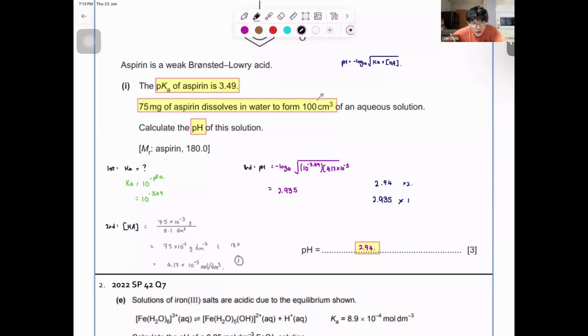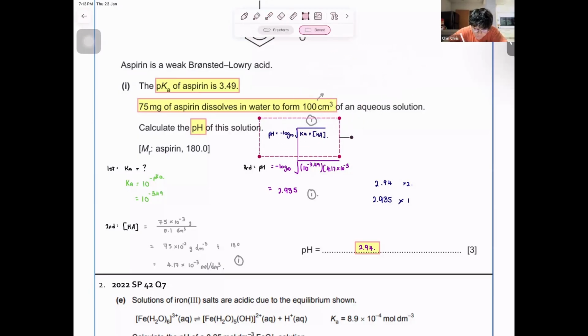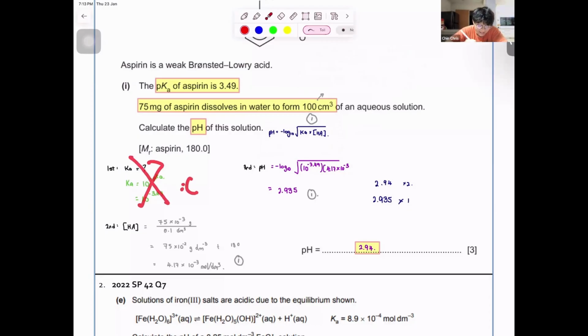Another mark for pH equals negative log base 10. And last part, you have to write down the equation. The equation carries 1 mark. So the equation, basically, without it there is no mark. So 1 mark for the equation, 1 mark for pH calculation, 1 mark for concentration of HA. Okay, thanks.